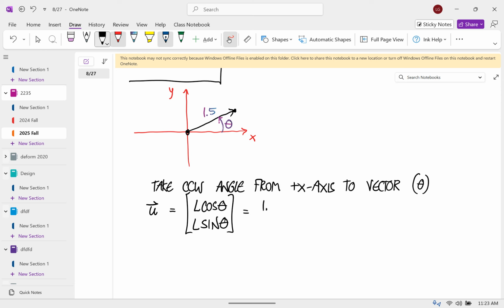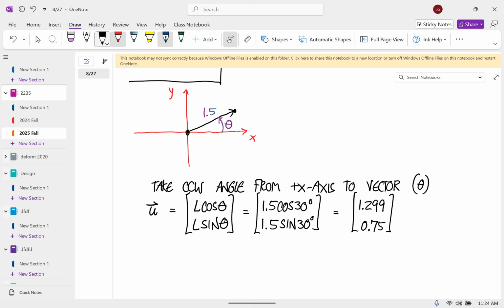And so in this case, you got 1.5 times the cosine of 30 degrees, 1.5 times the sine of 30 degrees, and that gives you 1.299 for the x component and 0.75 for the y component.